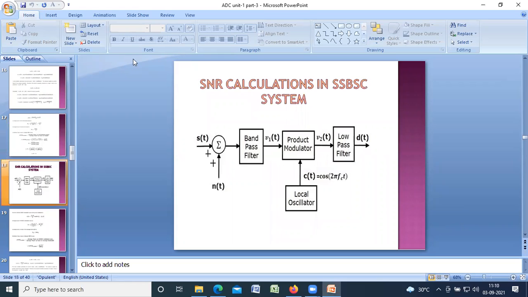In the next lecture we will discuss the signal to noise ratio of single sideband suppressed carrier.